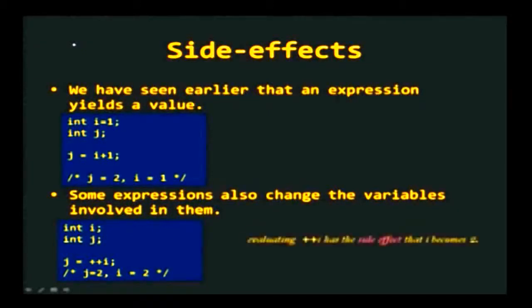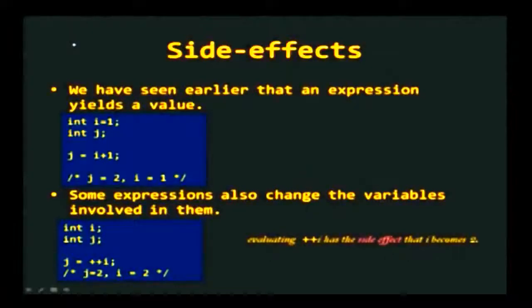So, evaluating the expression ++i has the side effect that i becomes 2. So, it not only takes the value of i, increments it by 1 and gives it to j, it also has the additional effect that i's value is incremented.